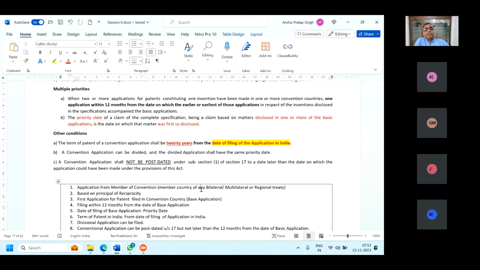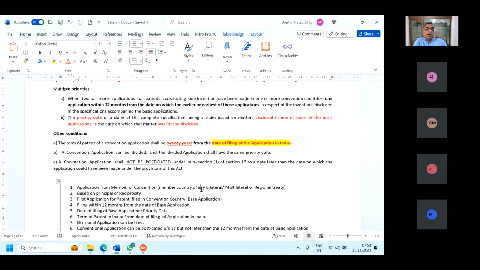But the moment I change this, the problem I am facing is that I am losing the priority. If I am delaying and post-dating this application by 5 months, I am exposing my invention to all those publications which have been published during this 5-month period.